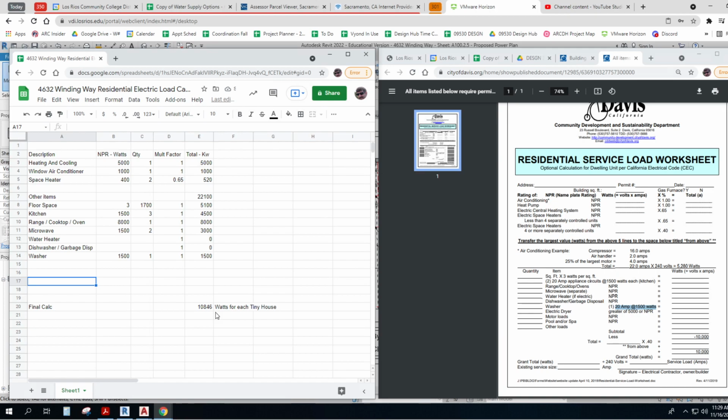Electric dryer. And then you have to look. You can either look at the nameplate rating, and if it's greater than 5,000, use the nameplate rating. That's just what you look up online or on the tag. And you always look to the specifications. Let's just find one.